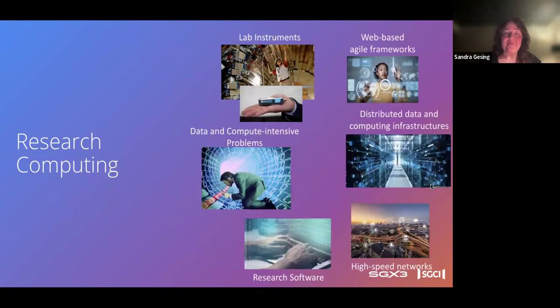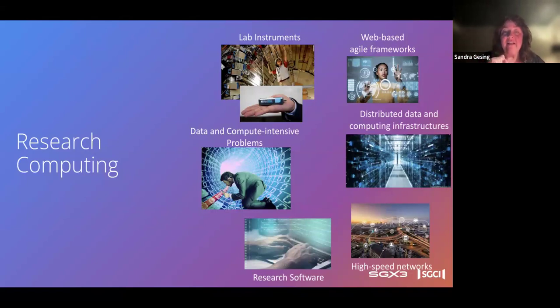Next slide. If we look at the environment, there are lab instruments, web-based agile frameworks, and a lot of new developments in distributed data and computing infrastructures. We have worldwide high-speed networks. We have research software, and we have data and compute-intensive problems.